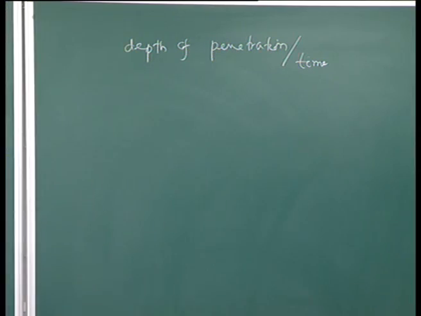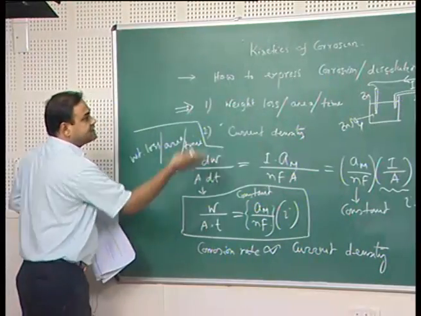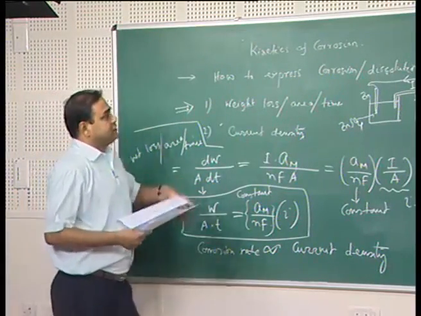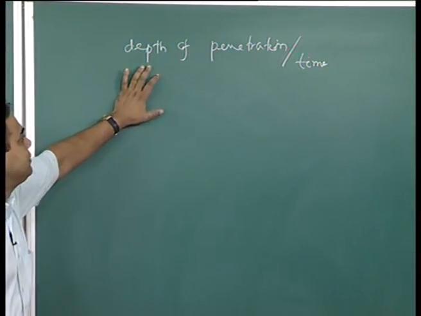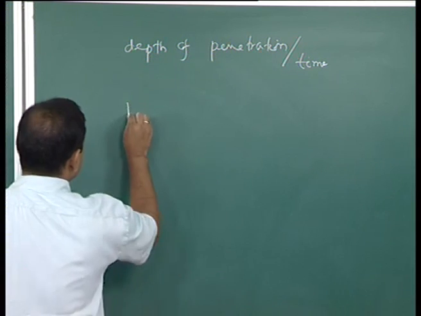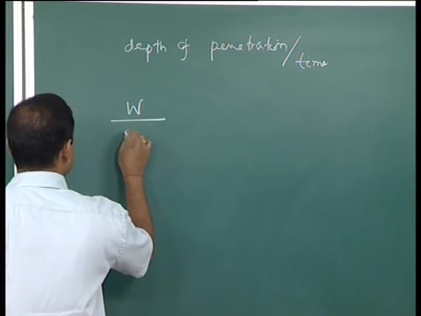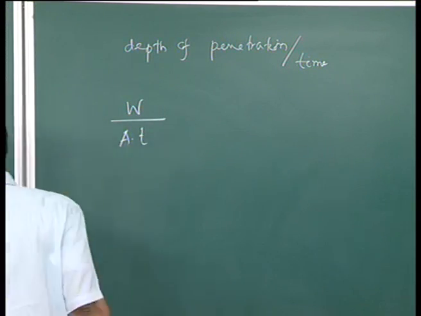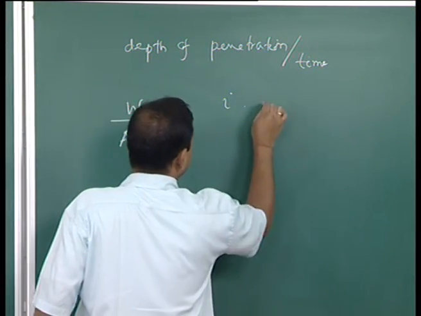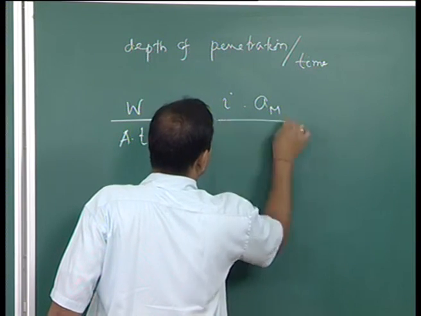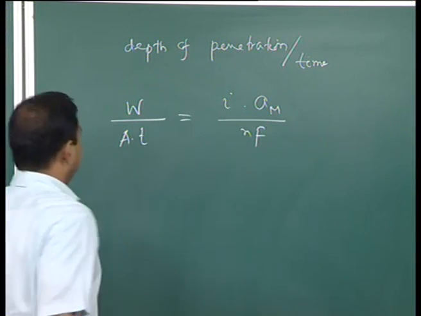Now, you will see that this expression can lead to the expression for pitting or crevice corrosion. Let me write W divided by A, which is area, into time, equal to current density into AM divided by nF.